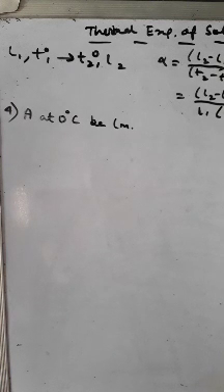The coefficient of linear expansion of B is greater than that of A. The coefficient of rod B is 1.92 into 10 to the power minus 5 per degree C, and that of rod A is 1.28 into 10 to the power minus 5 per degree C. So B's coefficient is greater than that of A, isn't it? So you can assume that the length of B will be what?